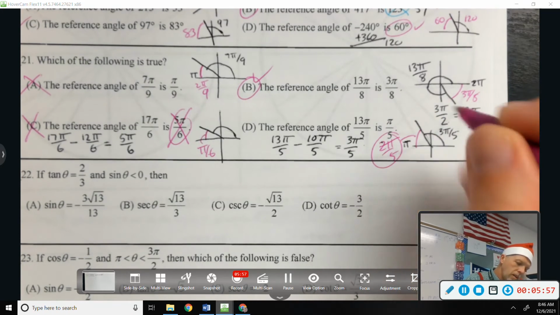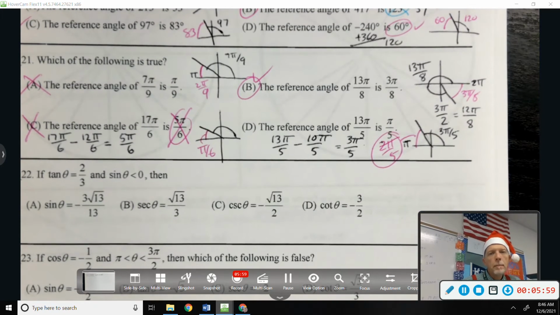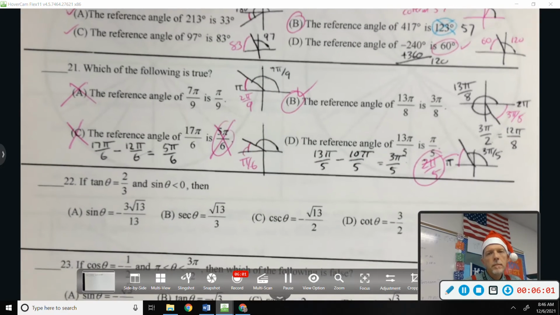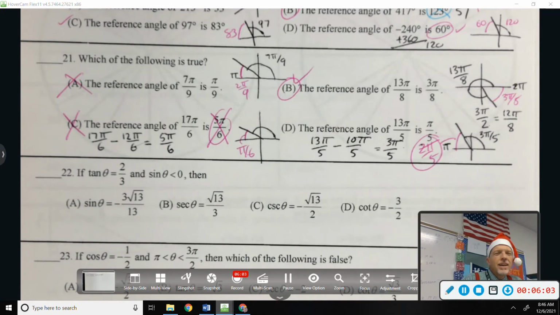This type of question, do you even need to look at the graph? I would say, technically no, you don't need to. Most of us need to, though, because I think it's a lot easier if you're looking at the picture to figure out. You just multiply the bottom until it's closest to the top. If you could say, well, I just need to get to 0 or pi or 2 pi, what's the closest one?